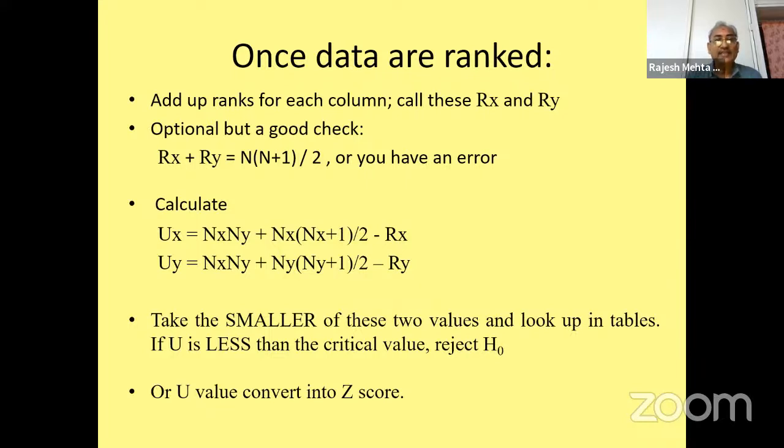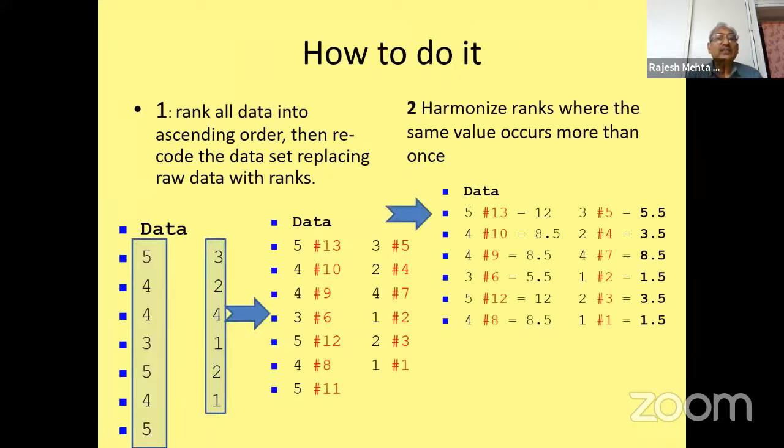And if U is less than the critical value, reject the null hypothesis. The U value can also be converted into a Z score. If you don't have the table, you can convert with a Z score. Looks a bit tedious, but it is not that difficult, right?